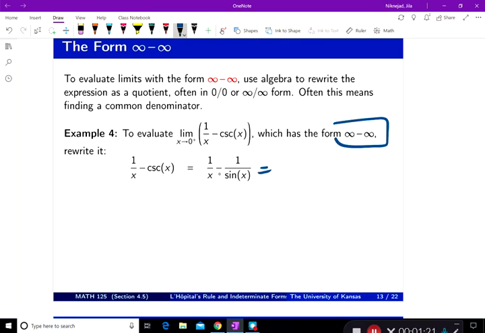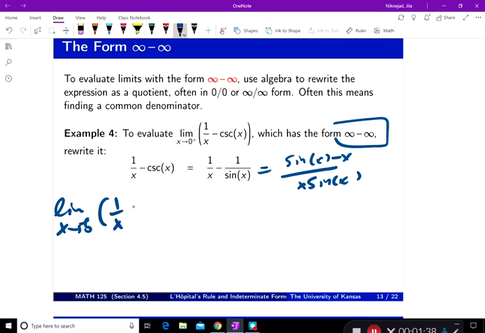So what I do is a common denominator, and the common denominator gives me sine of x minus x over x sine of x. So the limit as x approaches 0 from the right side, the original limit, can be simplified into this limit.